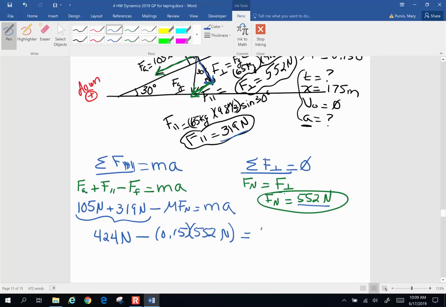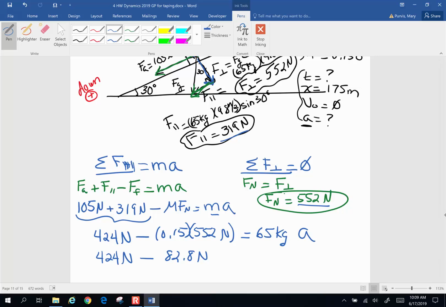The combined mass is 65 kilograms. That's my mass times a, and a is what I'm solving for. So let's take it down one more level. 424 newtons minus 0.15 times 552. So 0.15 times 552, I end up with 82.8 newtons.